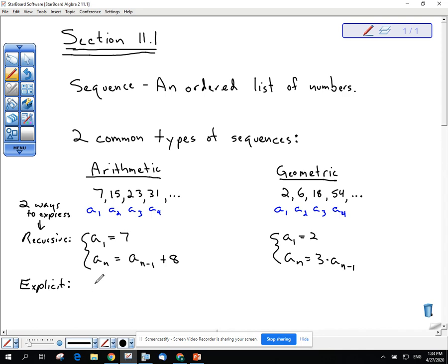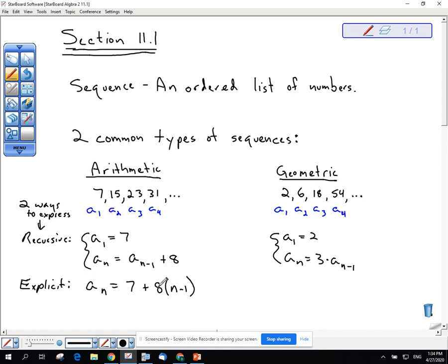So there is a better way, and that looks like this. A sub n is equal to the first term. Now, if you don't get this exactly, that's going to be okay, because we'll get more into arithmetic sequences in section 11 too. But just try to comprehend this for what it's worth. The first term plus 8 times n minus 1.